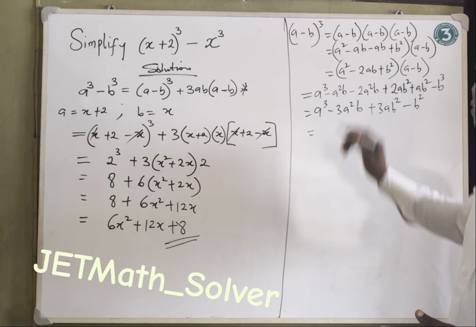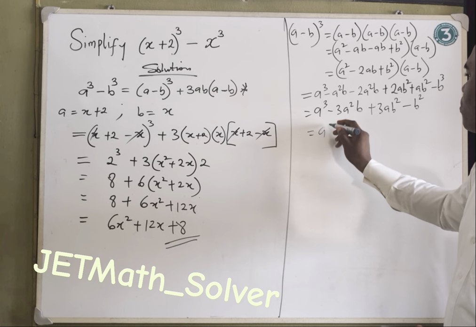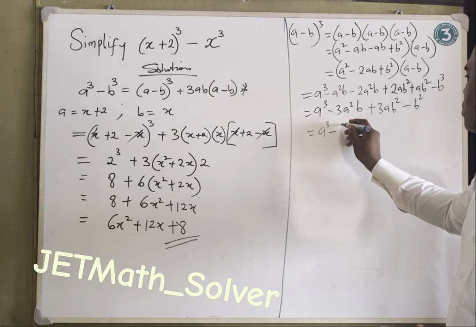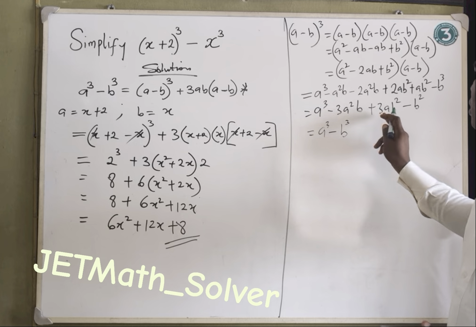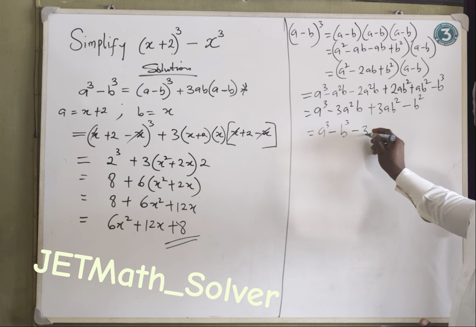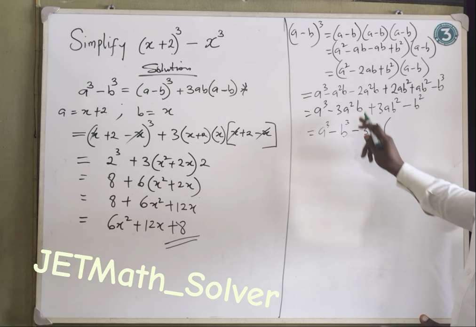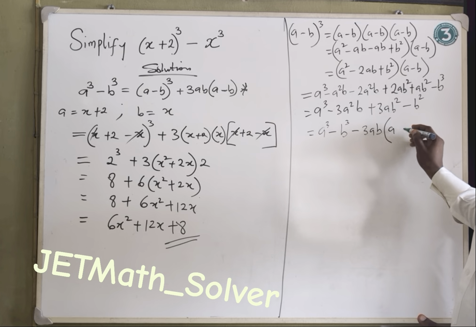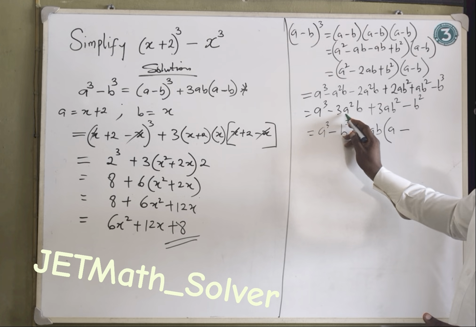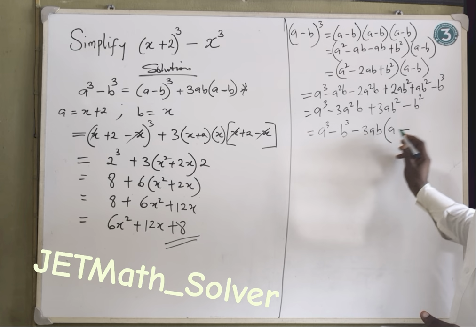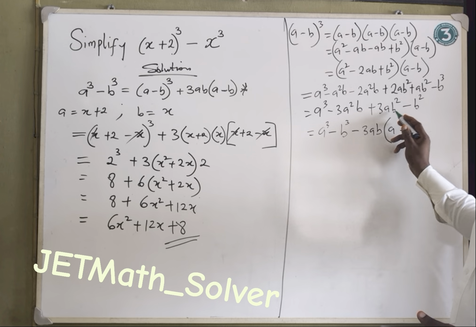Now, we now have a³ minus b³. What is common here? Minus 3ab is common. We are left with what here? A minus, because minus 3ab multiplied by a will give me minus 3a²b. Then minus times minus will give me plus. What is left here? b.